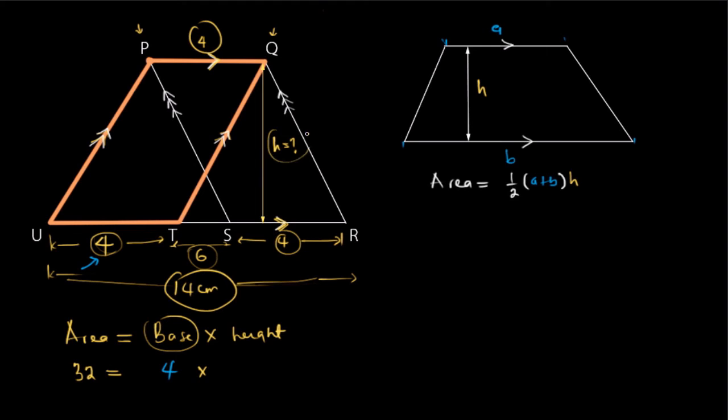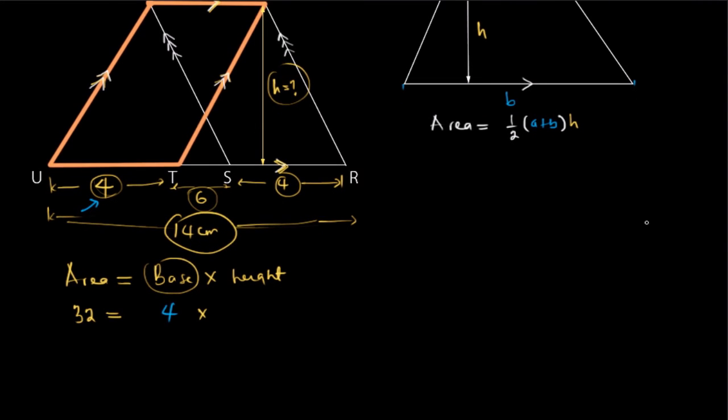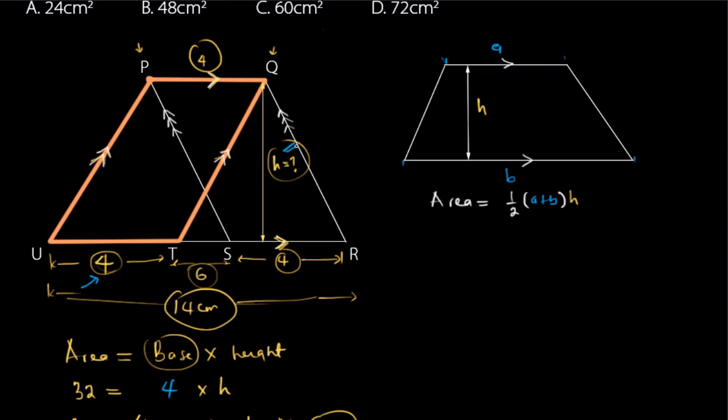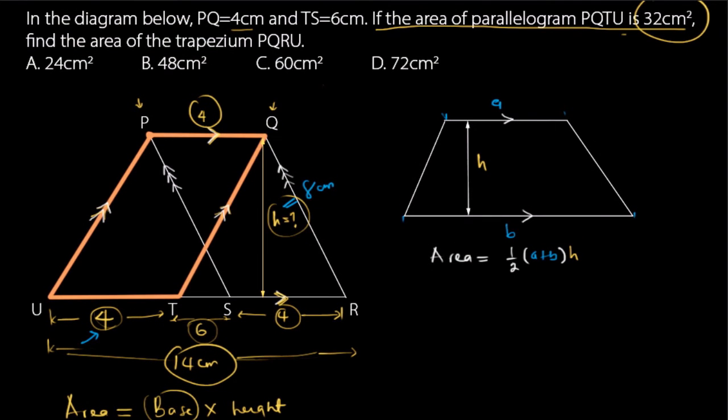The height is h, which we do not know. So that is 32 equals 4 times h. To find h, I'm going to divide both sides by 4. This implies that h is 32 divided by 4, which is 8 cm. So now we've used this information to find the height, and we know that the height is 8 cm.